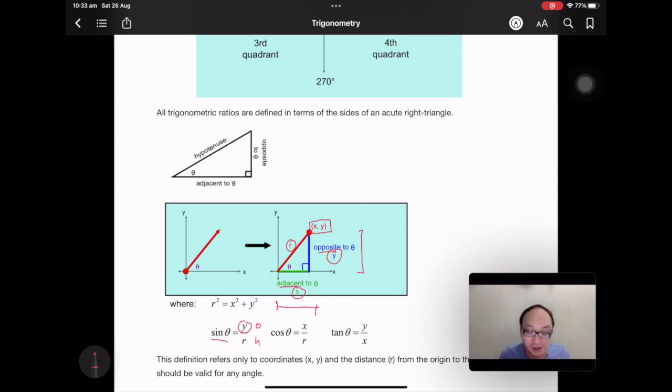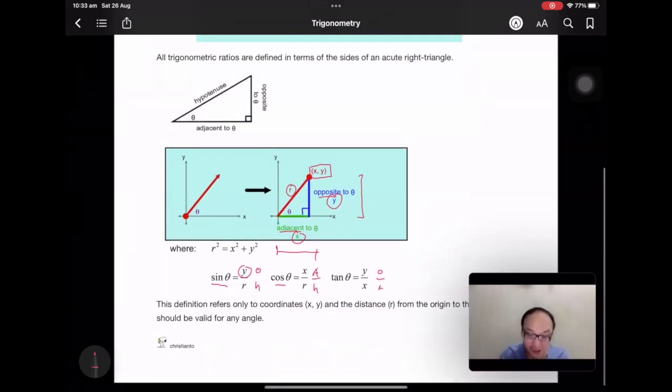So the definition of sine theta is always y divided by r. Cos theta is x, the adjacent, divided by r. And tangent is opposite, y, divided by adjacent, x.